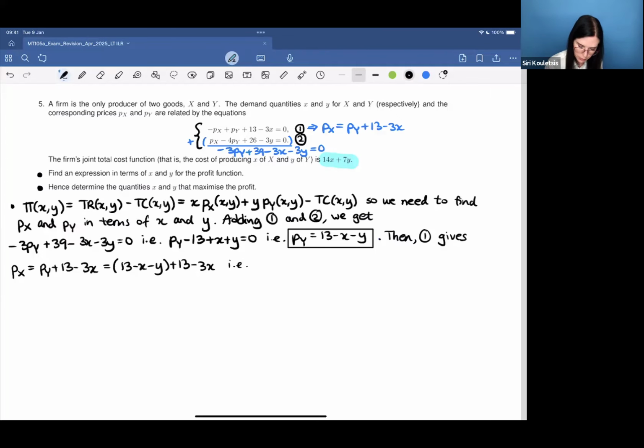And now we just pull it all together. We get 26 minus 4x minus y.